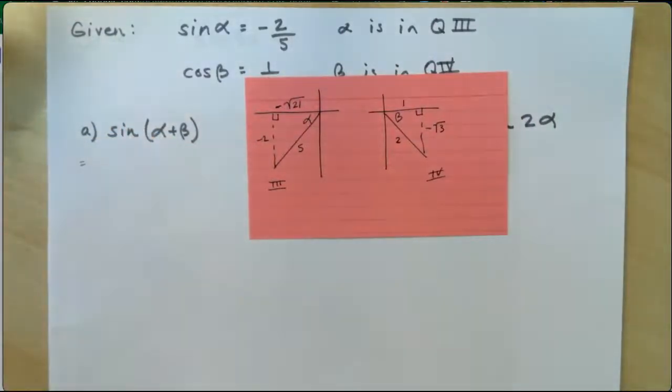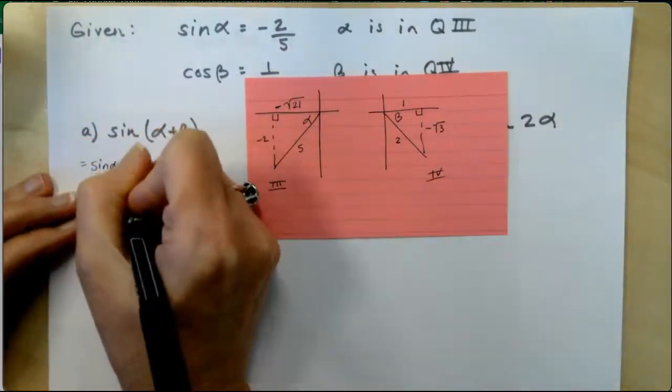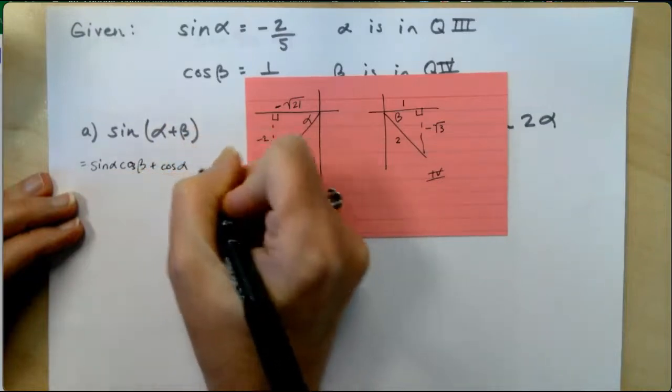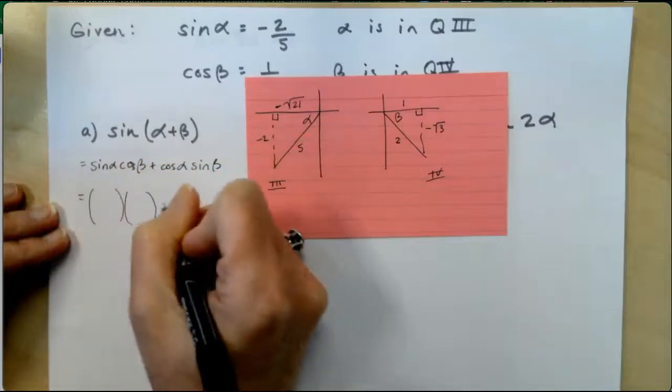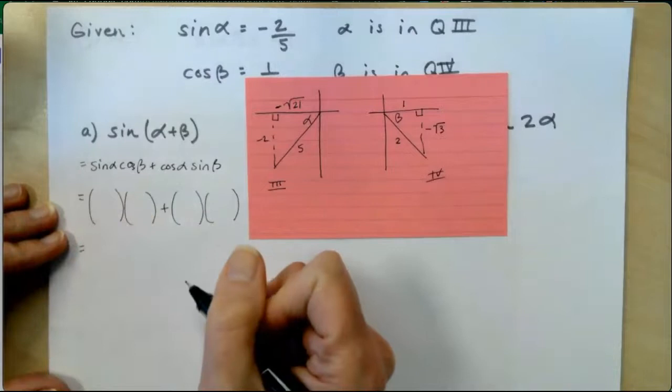So first of all, this is the sine of a sum. The sine of a sum is going to be sine alpha, cosine beta, plus cosine alpha, sine beta. So from there, we are going to make our substitutions and then simplify.